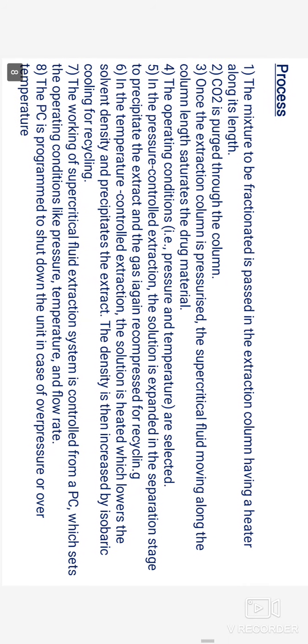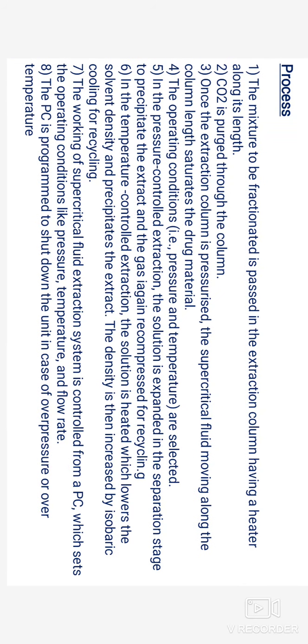Then the procedure. The mixture to be fractionated is passed into the extraction column, which has a heater along its length. Then carbon dioxide is purged through the column. Once the extraction column is pressurized, the supercritical fluid moving along the column length saturates the drug material. The operating conditions, that is the pressure and temperature, are selected.